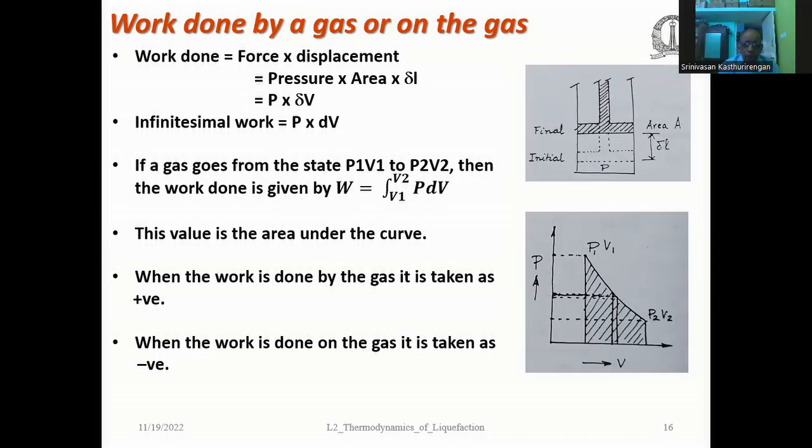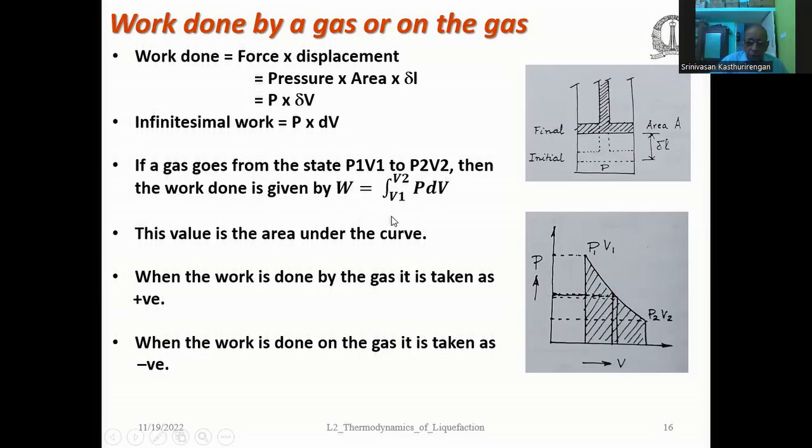Now, this is okay for a very small change in delta L. But in case the system goes from an initial state P1, V1 to a final state P2, V2, as shown in the diagram below, the work done has to be integrated from the initial state to the final state.